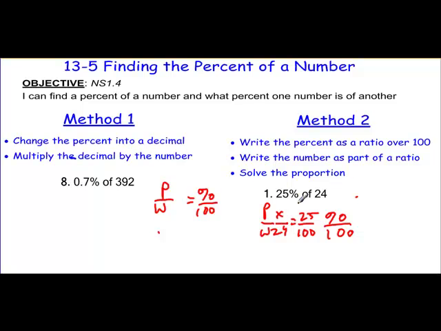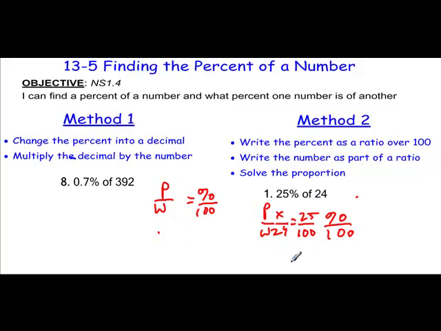Again, let me say that again. 25% or 25 100ths is what part of 24? Let's go back to what we were saying here about 25% being a fraction. It is a part of a number. Decimals, fractions, and percents are all parts of numbers. So what part of 24 is 25%, that's what they're asking.